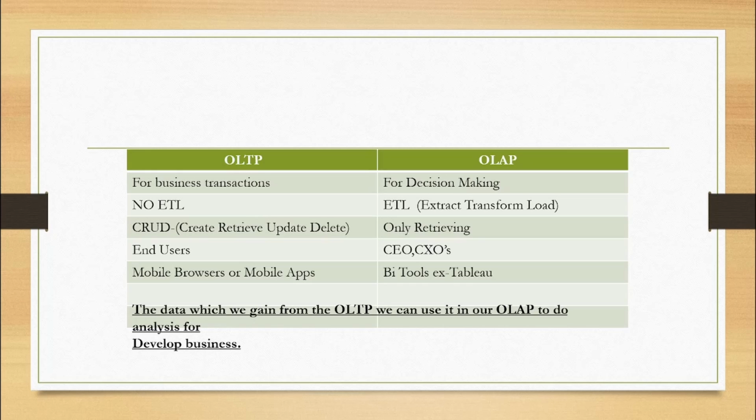For that reason they can develop their business, because if you love this company's mobile and if you have money, then obviously if they show you ads of this mobile and its different features, the chance of selling the product is high. And for that reason they are using OLAP, because from OLTP they are generating the data, and from OLAP they are analyzing the data.